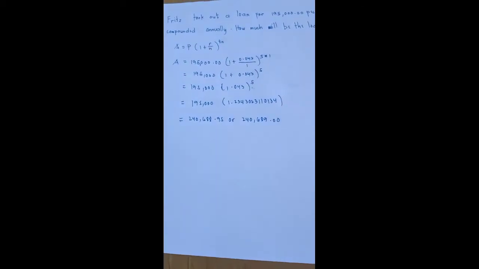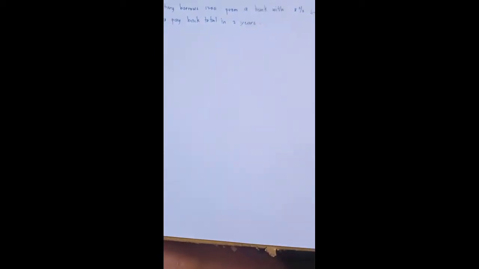So that's it. That's for number 1. Let's have another example. Jorge borrows 1,200 from a bank with 8% simple interest per year. How much will he have to pay back in total in 2 years?